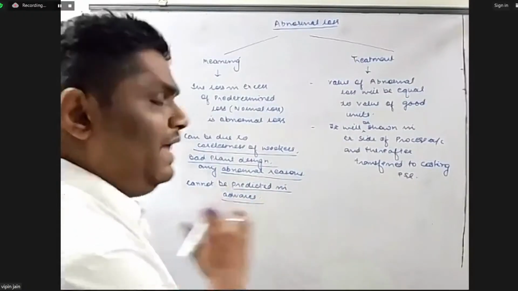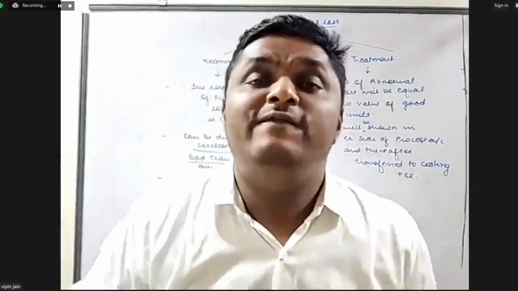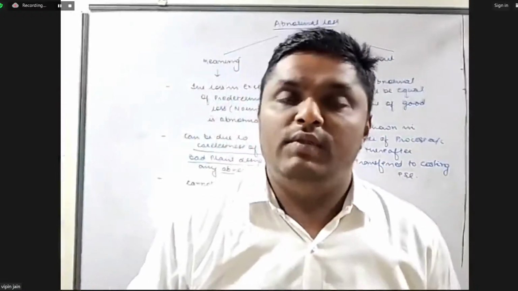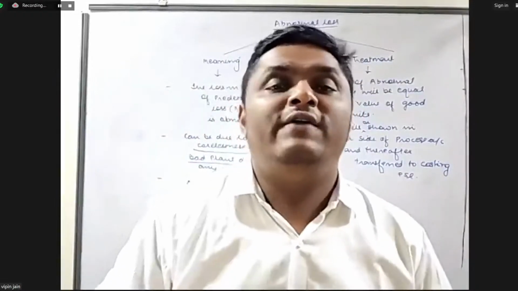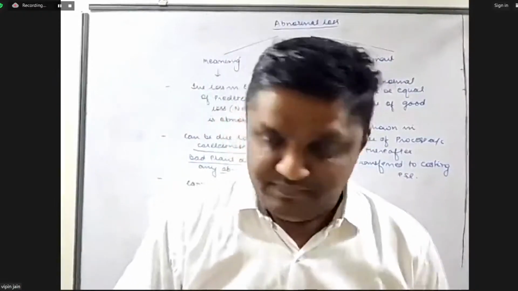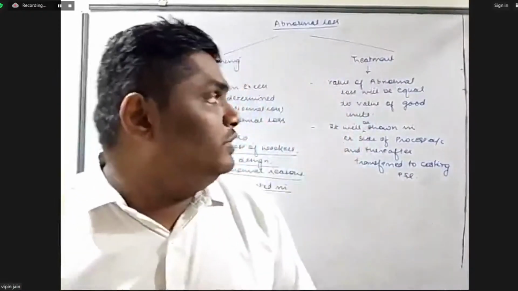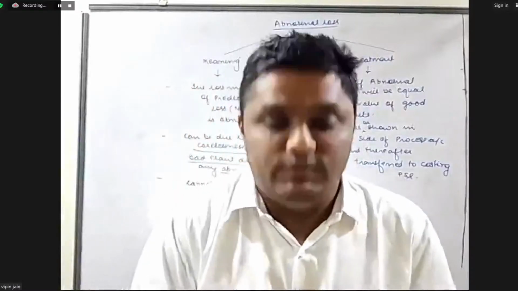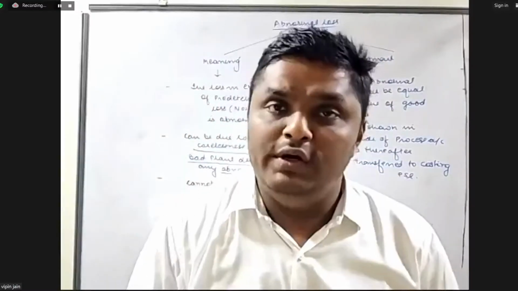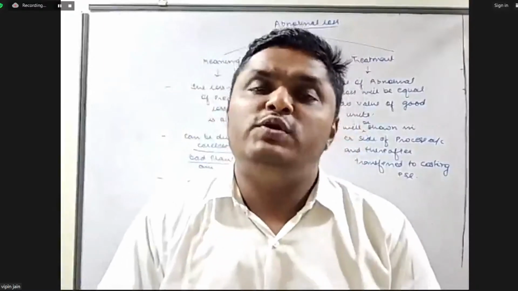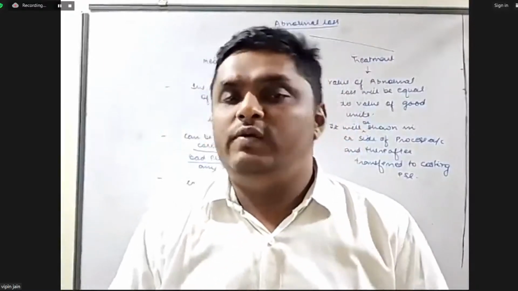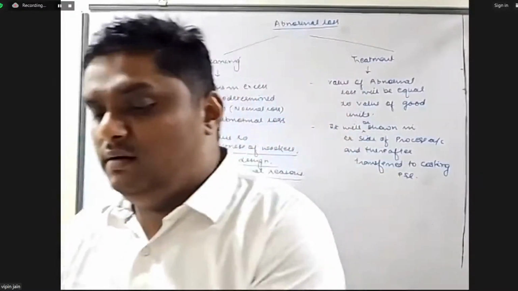Further, we can avoid abnormal loss if suitable measures are taken. When talking about the treatment, the value of abnormal loss will be equal to the value of good units. Further, it will be shown in the credit side of process account, and thereafter it will be transferred to costing P&L.